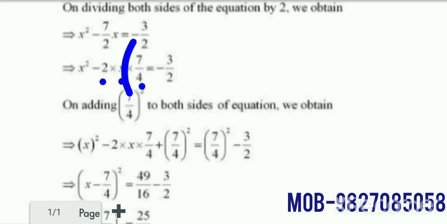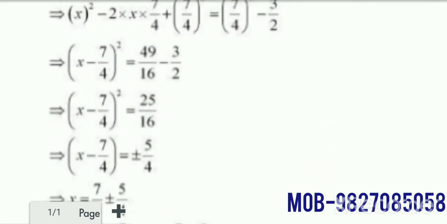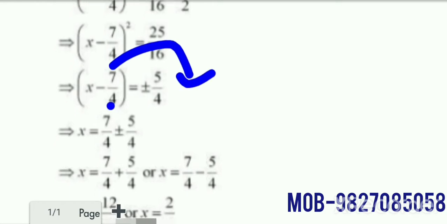Now solve for x. So we got x minus 7 by 4 whole square is equal to 49 upon 16 minus 3 by 2, and again solve for x, so we get x minus 7 by 4 is equal to plus minus 5 by 4 firstly, and 7 by 4 comes here, so this becomes positive.